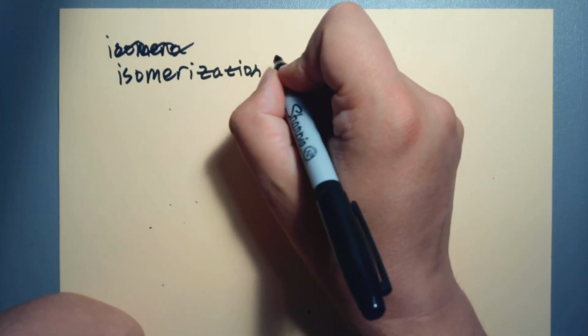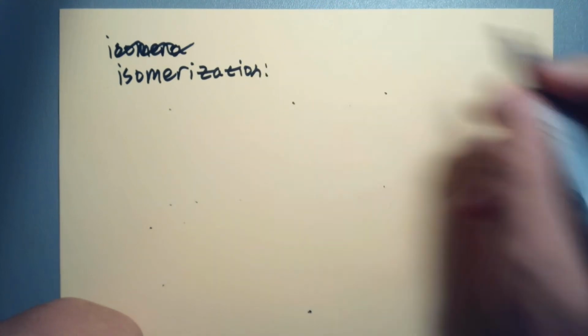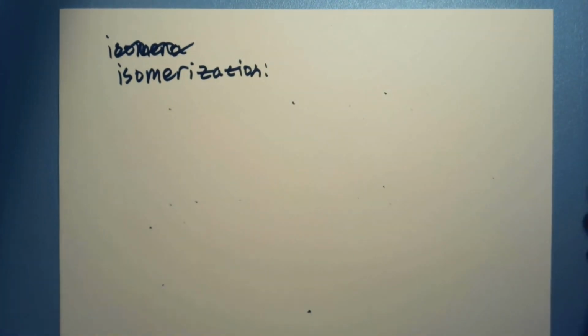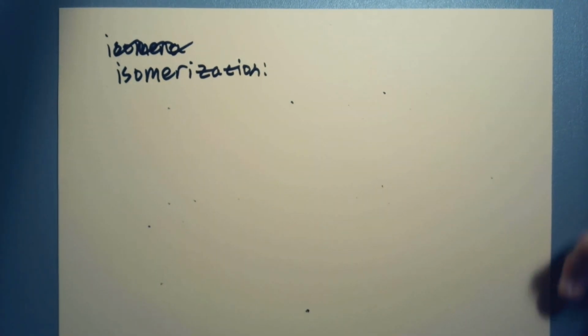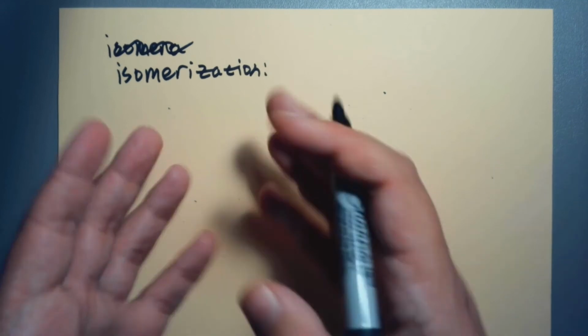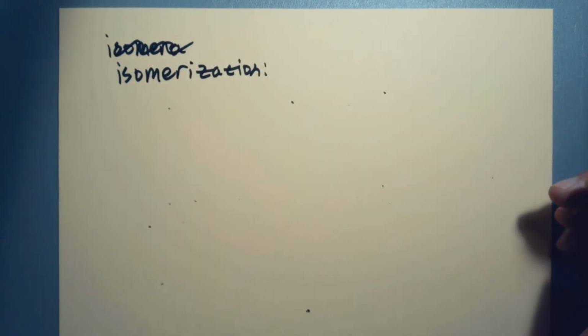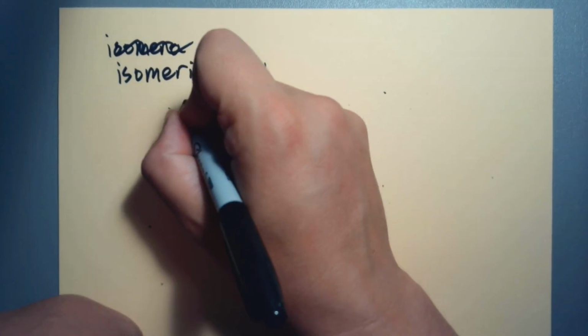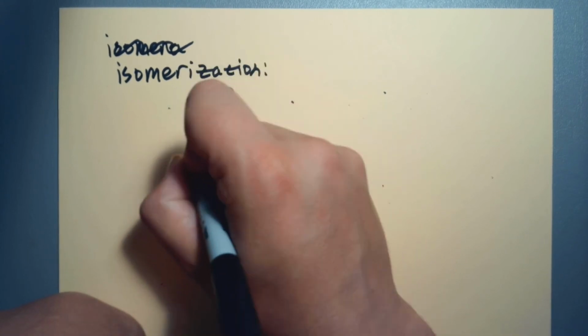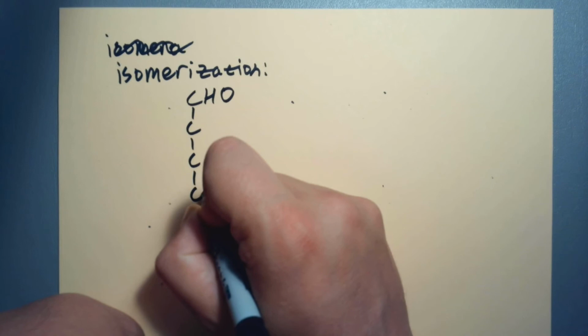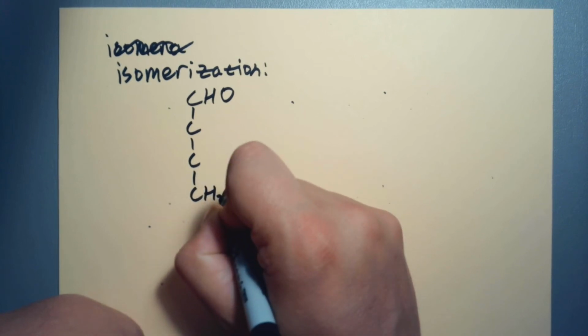Alright, so isomerization reactions. Well, what do those look like? We're only going to have one reactant, one product. So what's the reaction? Well, you just rearrange, and generally it's going to be a sugar. I'm going to keep the carbohydrate real simple here.